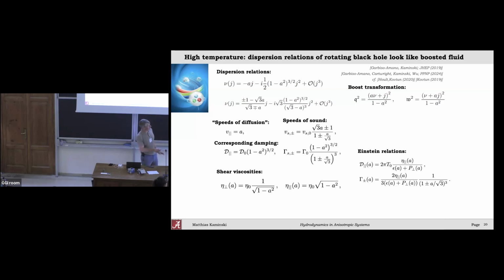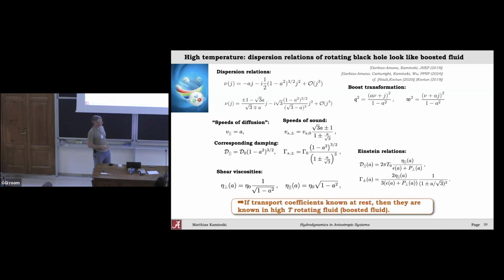So it's not as obvious as you think, and I'm happy to discuss it in detail. But the state itself is a rotating black hole. It's fully rotating. But once you go to the high temperature limit, the fluctuation equations perceive the background as if it was only a boosted fluid. So there's a bunch of terms that don't contribute, and I'm happy to discuss this in more detail, but take my word for it for now.